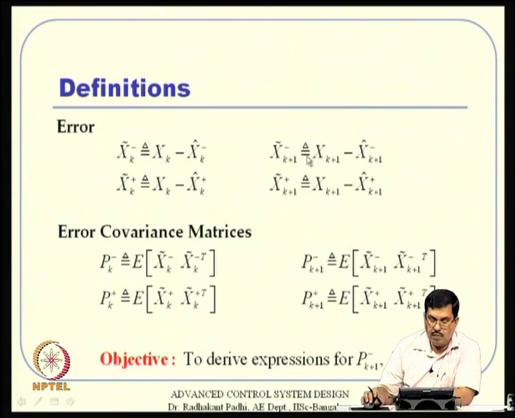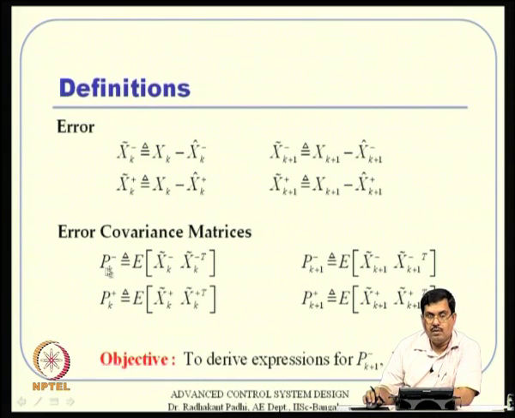We will define these error quantities and error covariance matrices before proceeding further. So, x tilde k minus is nothing but x k minus x hat k minus. Similarly, x tilde k plus is x k minus x hat k plus, and similarly for k plus 1. Now, the error covariance matrix we need to define this way.